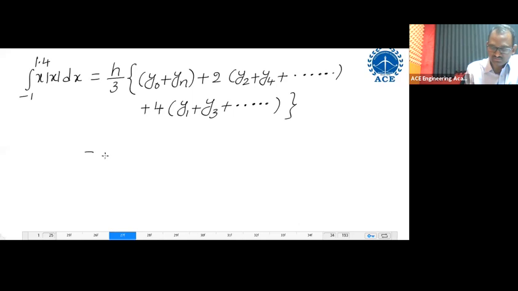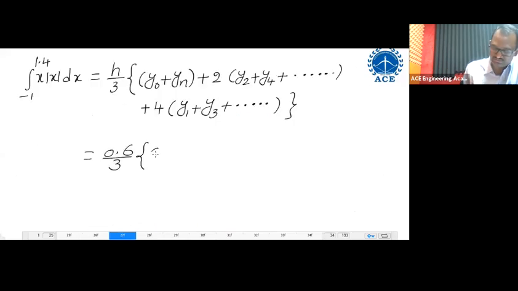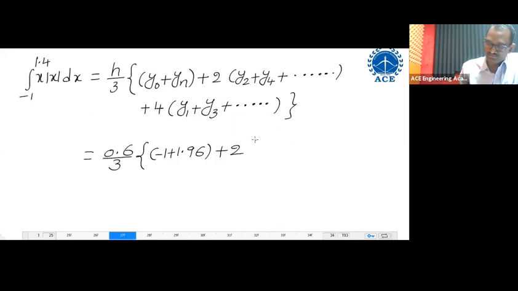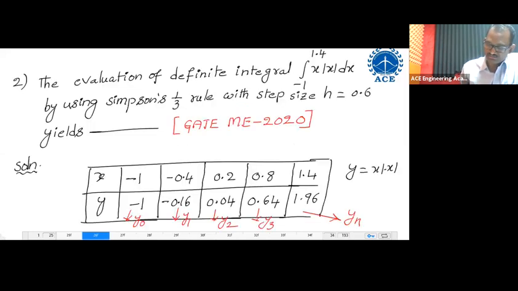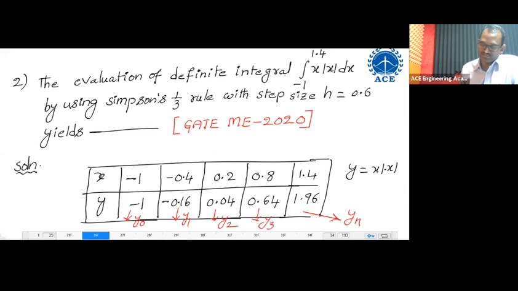What is the h value? 0.6 by 3 into (y naught plus yn: minus 1 plus 1.96) plus 2 into (y2 plus y4... 0.04) plus 4 into (y1 plus y3: minus 0.16).